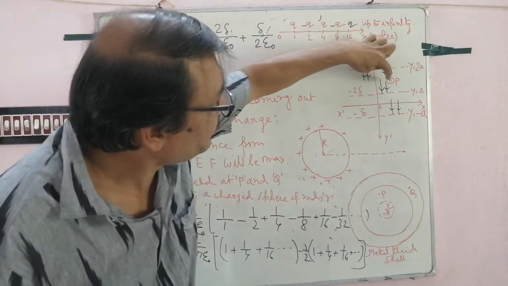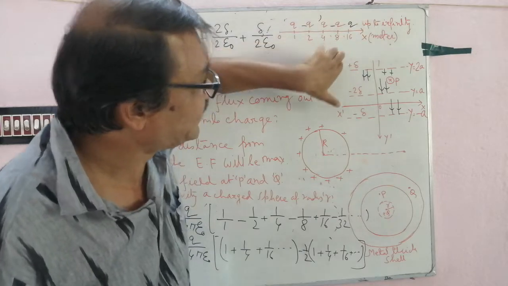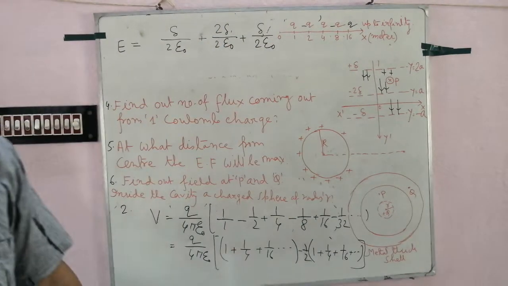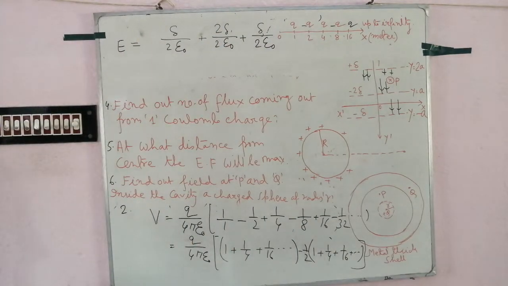Follow. In this P region, the total field for the three sheets is in the same direction. Clear? That is why we add.